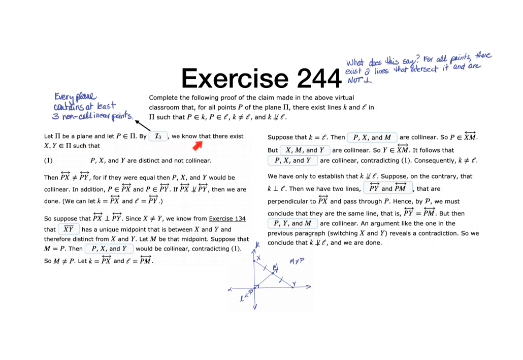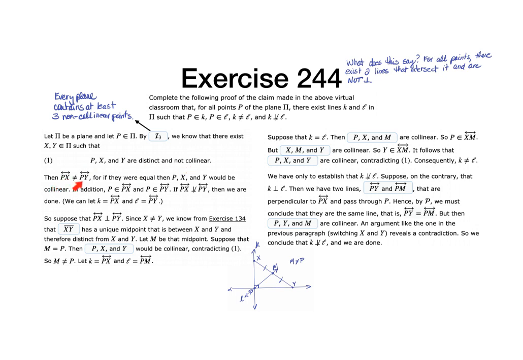By I3, we know that there exist x and y in pi such that P, x, y are distinct and not collinear. What does I3 say? It says every plane contains at least three non-collinear points. So I know that I have to have three non-collinear points in there somewhere. I'm going to name them P, X, and Y. They're distinct and not collinear.